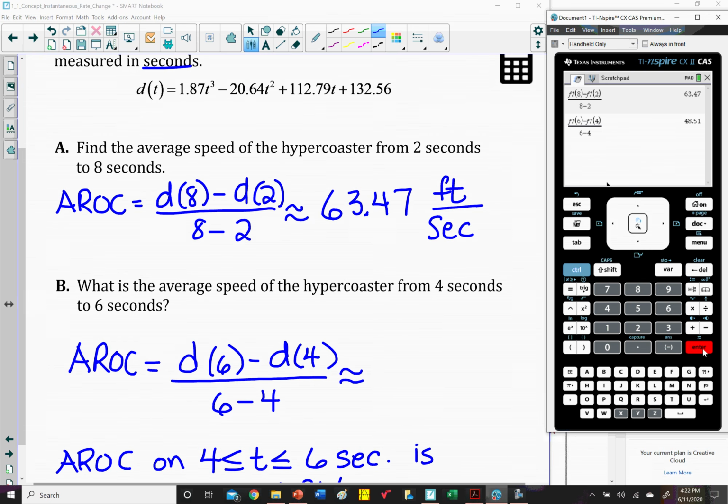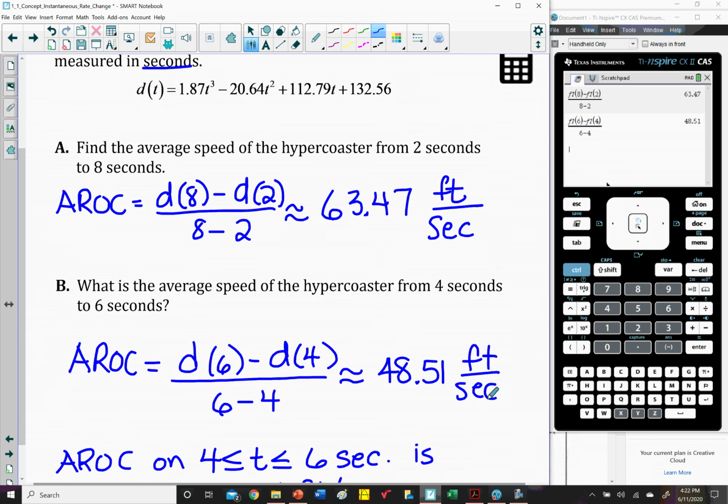And it looks like we got 48.51, dropping at 48.51 feet per second.